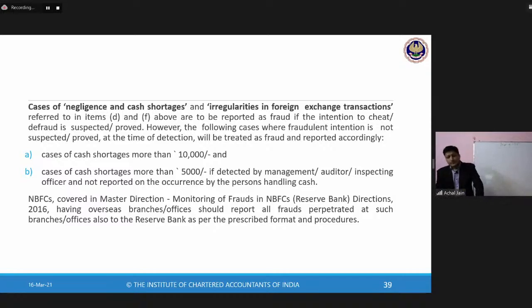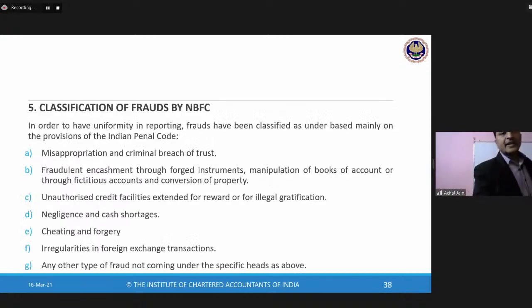Further, cases of negligence and cash shortages and irregularities in foreign exchange transactions, which are covered under D and F above. If you go back, you will see category D, negligence and cash shortages. If you look at category F, irregularities in foreign exchange transactions.